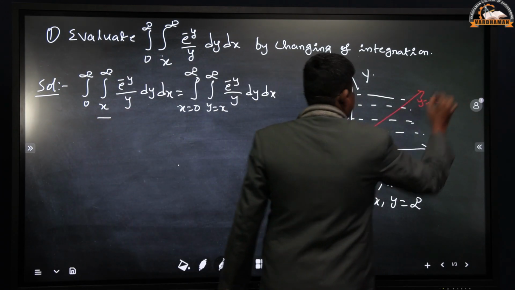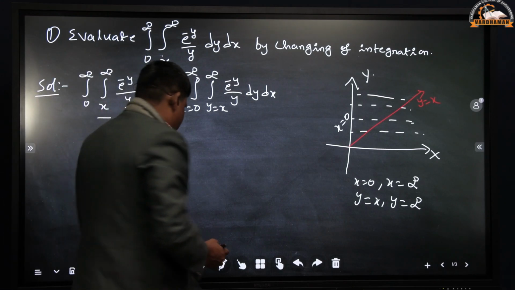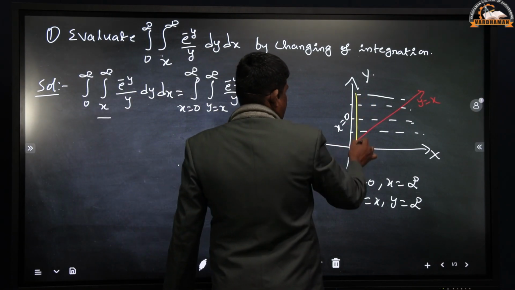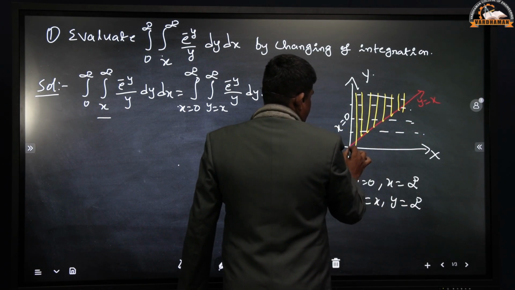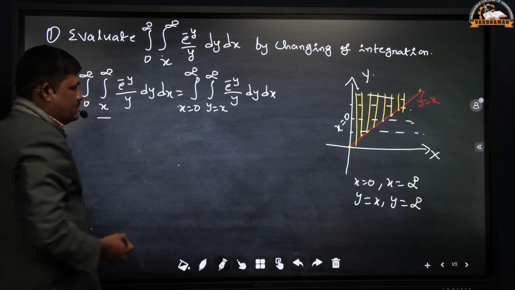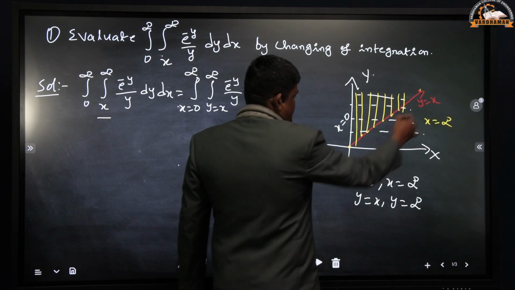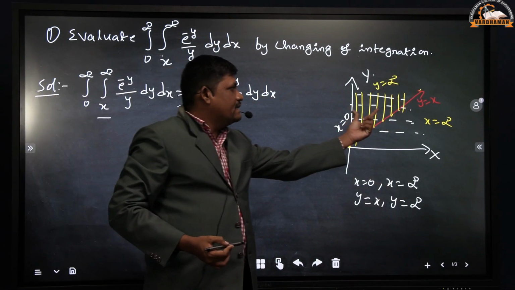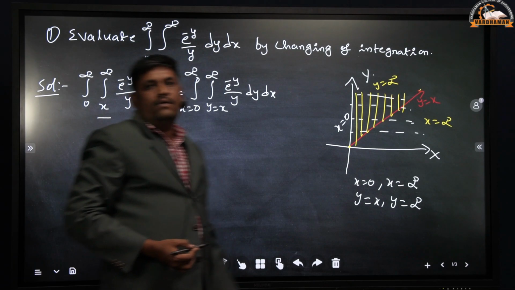This is the line y is equal to x. Now y is infinity, let's take another color. Y is infinity, but the intersection part of these is this region. That's the diagram. Now I denoted x is 0 and x is infinity, y is x and y is infinity. Now I need this intersection part of the lines.